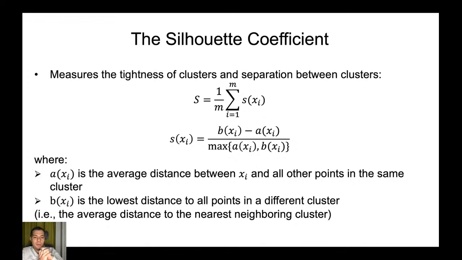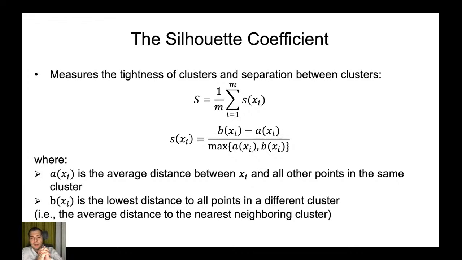We can compute these average distances with respect to, let's say, other cluster centroids, and we take the distance to the nearest one. And a of xi is the average distance between xi and all the other points in the same cluster, excluding itself. This will be the silhouette coefficient, and it is divided by the maximum of the 2 distances.